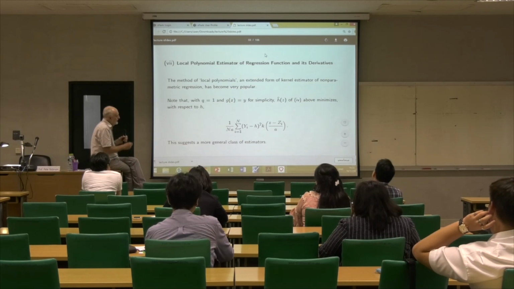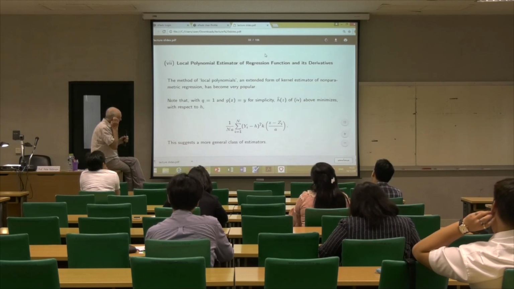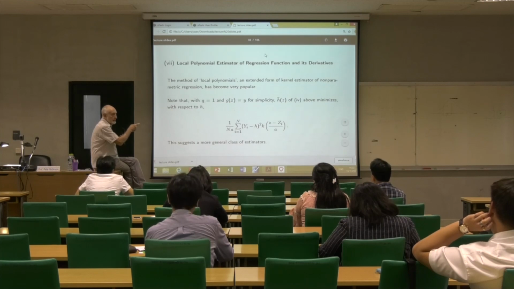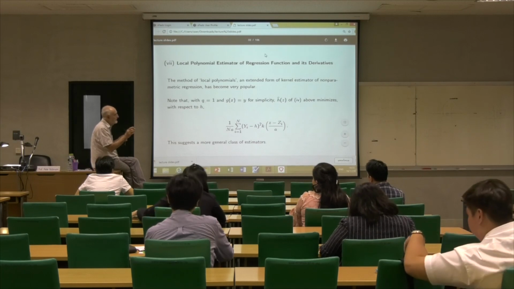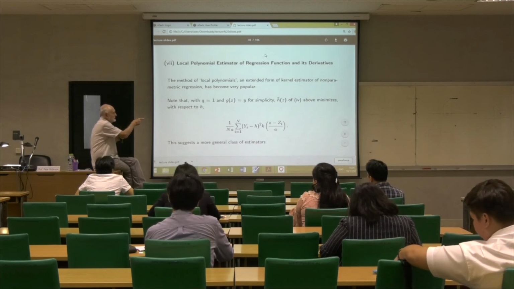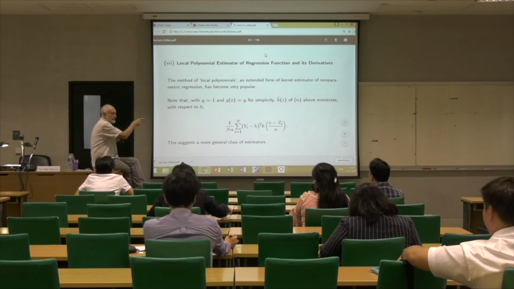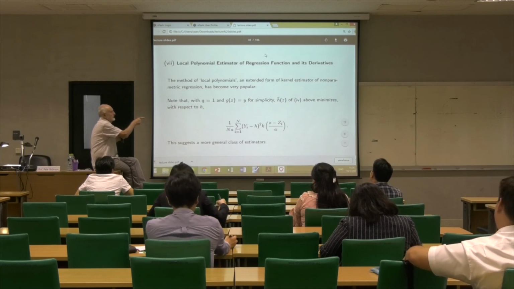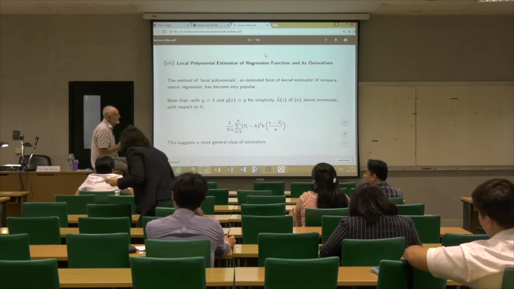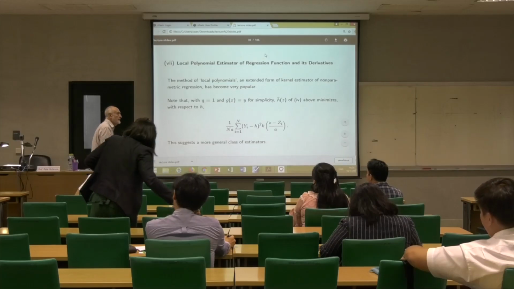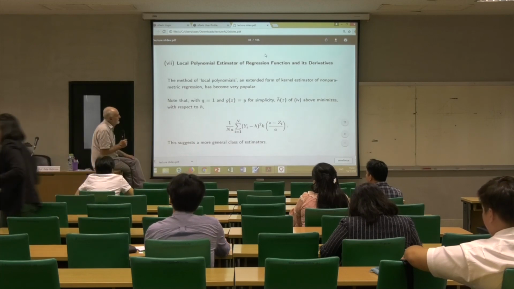The idea is you minimize this over H, and you get an estimate of H of Z, which is the conditional expectation. That makes sense as long as you choose a non-negative kernel, because the kernel can sometimes be negative, and we'll talk about the possibility of negative kernels.